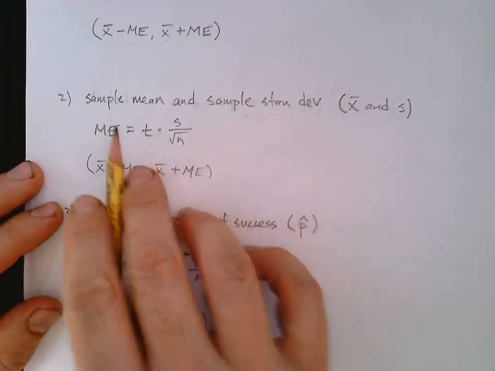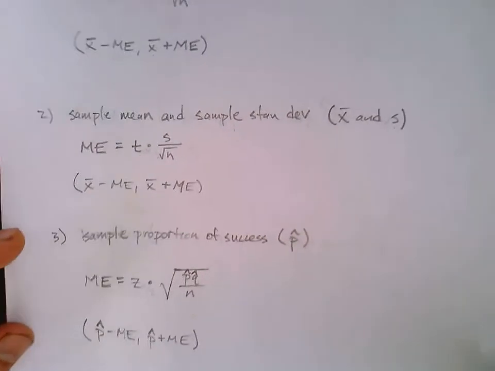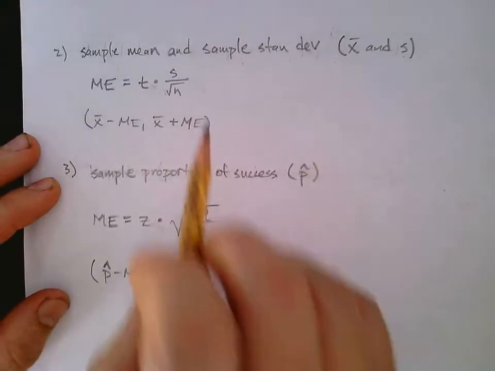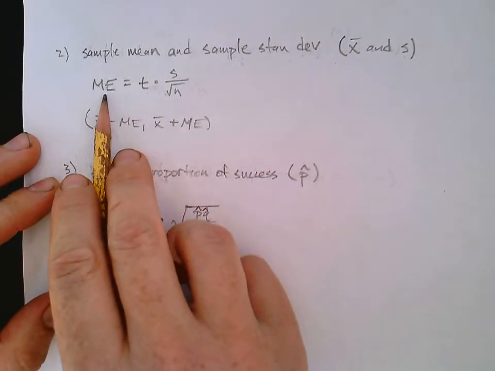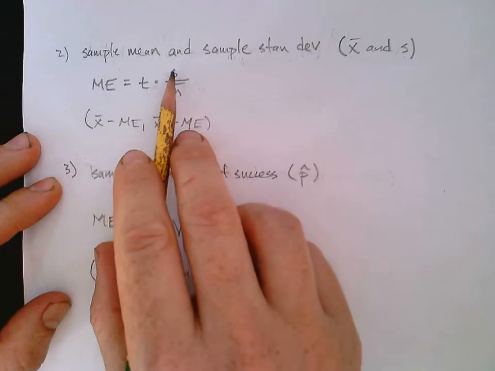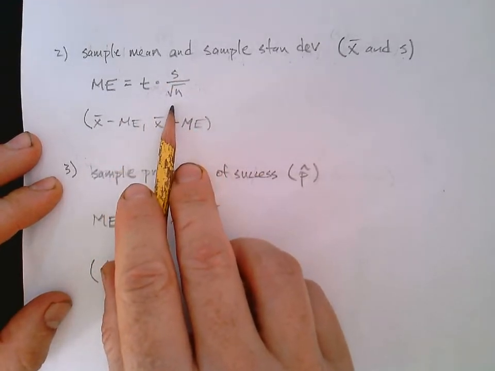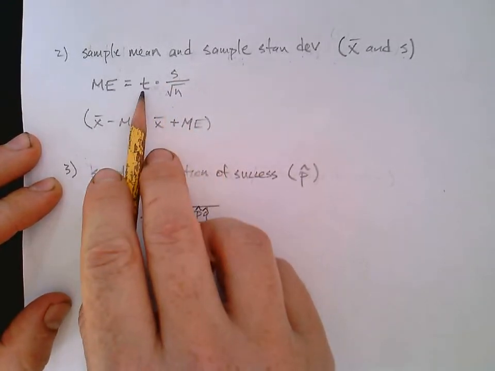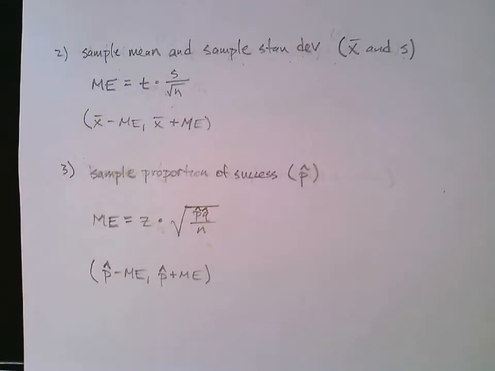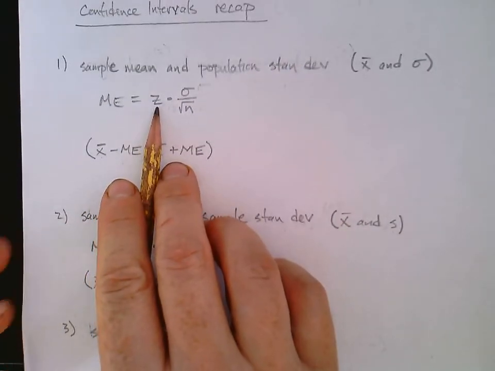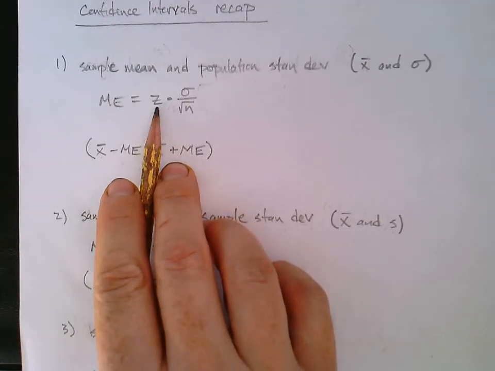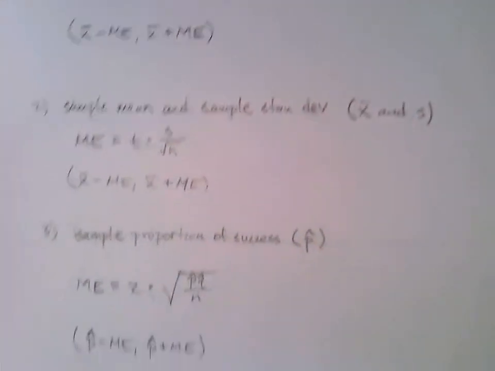If you have a sample mean and a sample standard deviation, you know, because of this, that it's a student t style. And so you should use this formula: margin of error equals t times s over the square root of n. Of course, find your t using the StatCrunch calculator in reverse. Same goes for here. Use the original normal calculator in reverse to find that z.